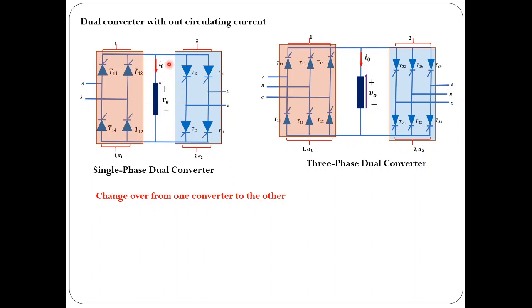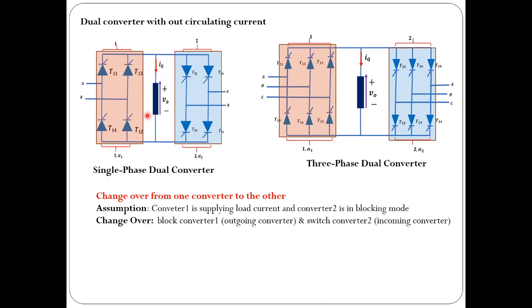There may be possibility of overlap between converter 1 and converter 2, which may lead to overlapping current, which is also known as circulating current. That may lead to damage. So then, how to change over from one converter to the other converter in order to go for reversal of current? Let us see the steps that are involved and the assumptions that I am going to consider for changeover from one converter to the other converter.